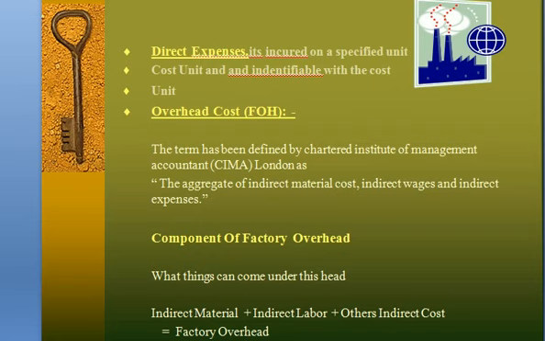For example, rent of the factory will be fixed for a fixed period of time. It doesn't mean that in 1 month we pay 3,000 or 4,000 rent of the factory, then the next month we pay 5,000, the next month 2,000, then 7,000. No, rent will be fixed for some fixed period of time. Then after that it will be changed, and then that will be fixed.